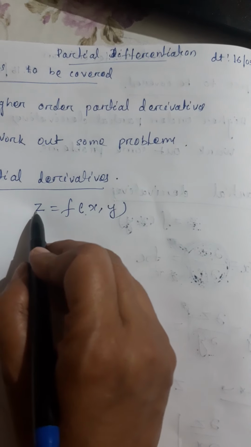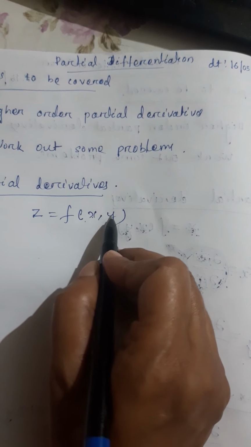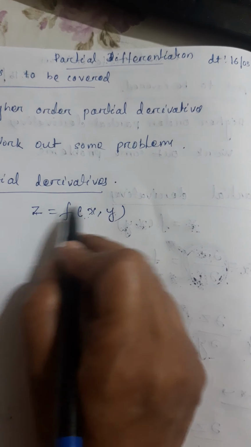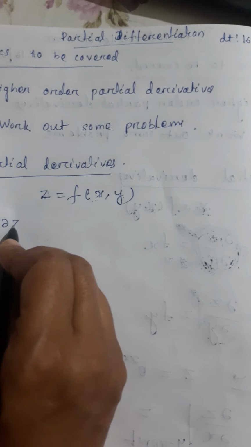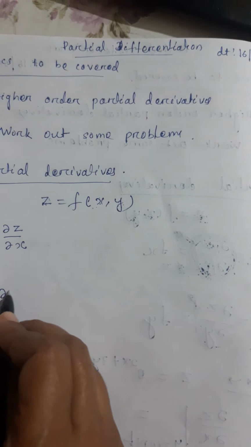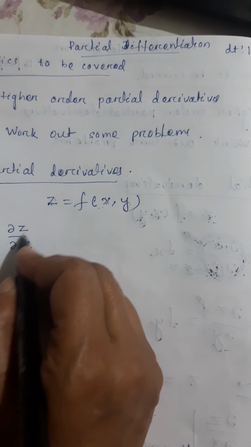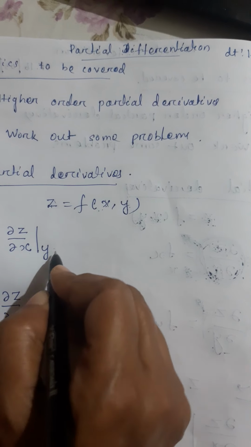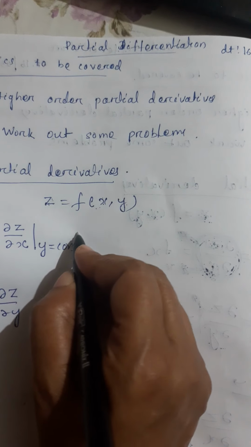If that function depends upon more than one independent variable. Here z is a function which depends upon both x and y. Here x and y are two independent variables and z depends upon x and y. So we can find the derivative of z with respect to x and also with respect to y. But when we find the derivative of z with respect to x, we have to take y as constant. Why?